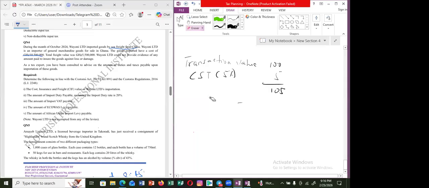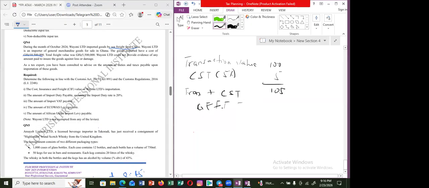So I'm trying to explain why it is the CIF plus the import duty. And because of the past question, that's why I'm conflicted. So transaction value plus the CST. What happens is the levies are computed under the new system. The GETFund is computed on the 105.